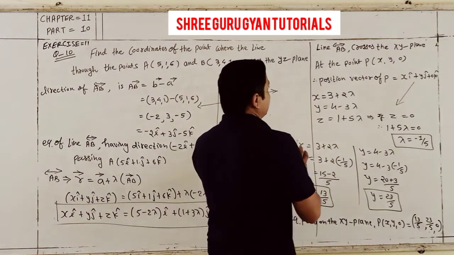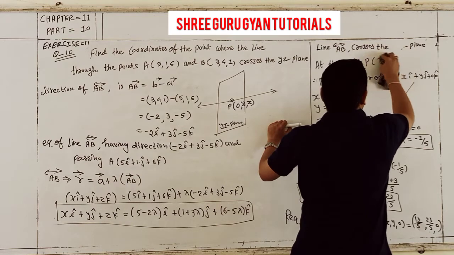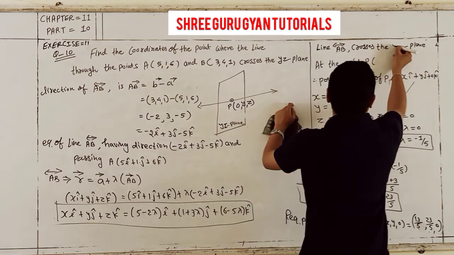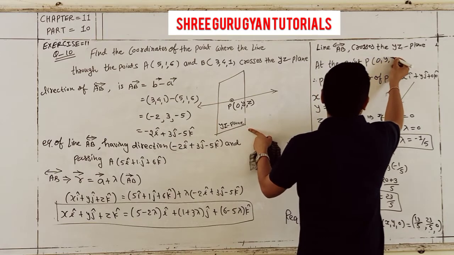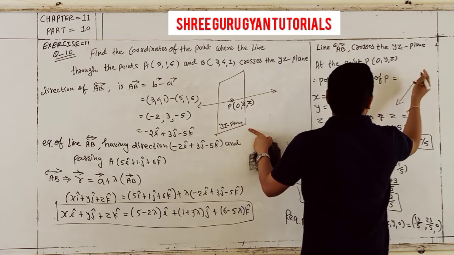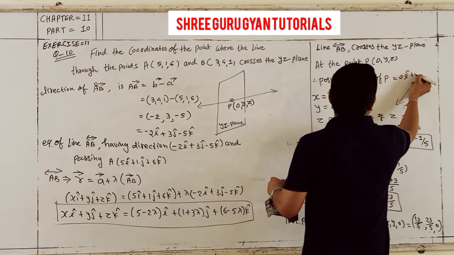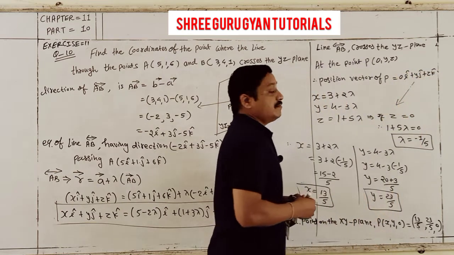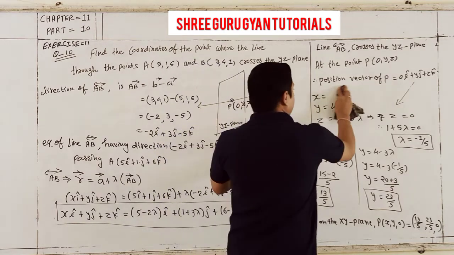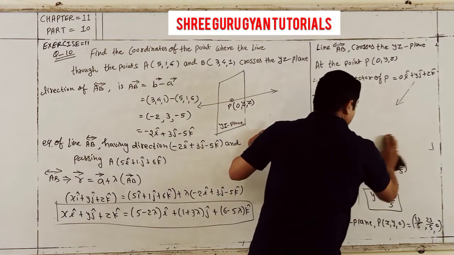Now similarly for the line AB, it crosses which plane? Yes, the yz plane. So what is the point? 0, y, z, and the position vector for P is 0i plus yj plus zk. Just compare x, y, z, students, and you will get the answer.